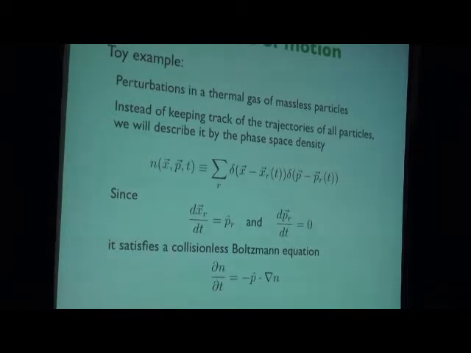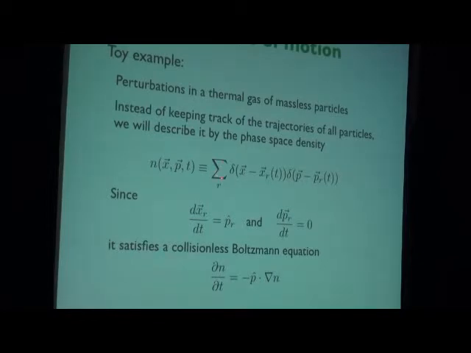So the toy example that I want you to think about is just a gas of particles that's nearly thermal. So it's thermal plus small perturbations. This is the case we're supposed to be interested in. There are too many particles to keep track of all the trajectories, so what we'll try to do is describe it in terms of the phase space density.